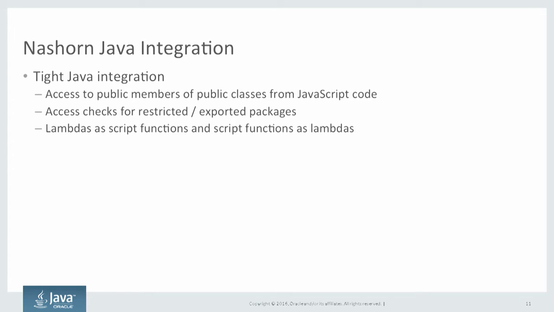I'm now going to give an overview of what the Java integration is all about. From JavaScript running in the Nashorn engine, you can access any public member of a public class in Java that's visible.